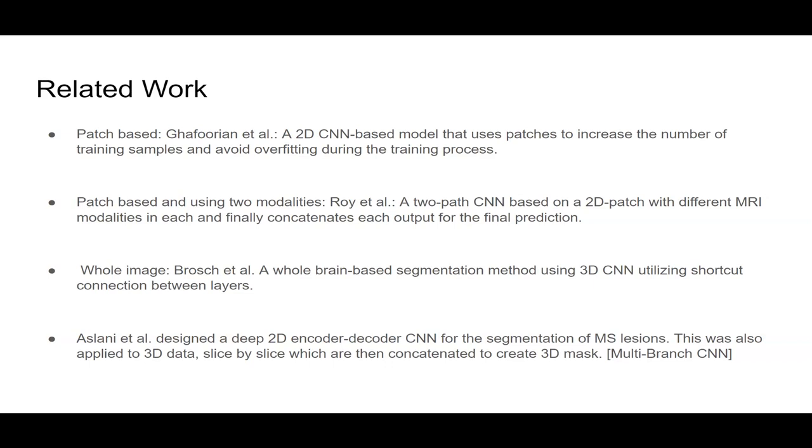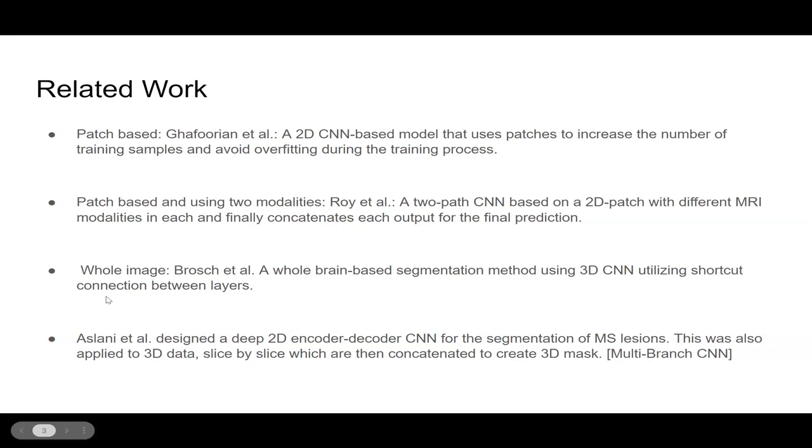One example is Kafurian, who proposed a 2D CNN-based model that uses patches to increase the number of training samples and avoid overfitting during training. The second group proposed a 2-pass CNN based on 2D patches with different MRI modalities in each, and finally concatenates each output for the final prediction.